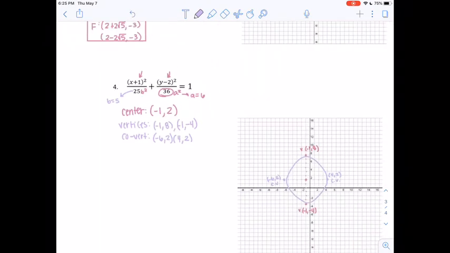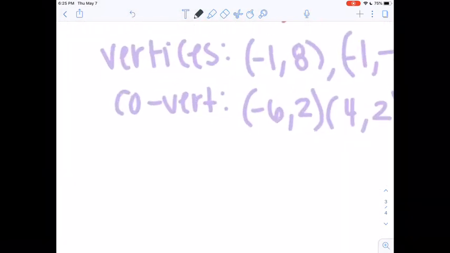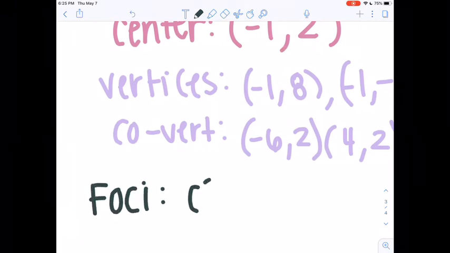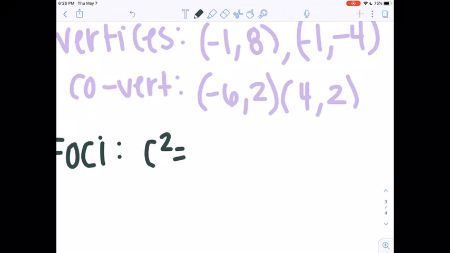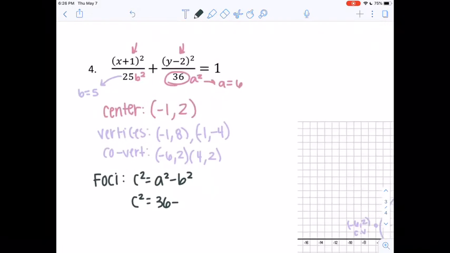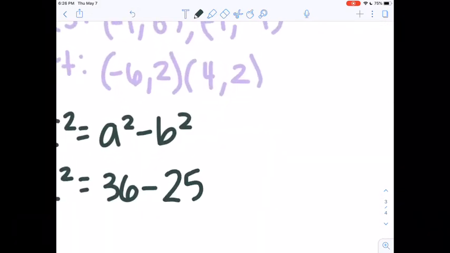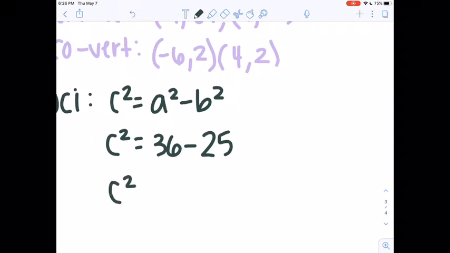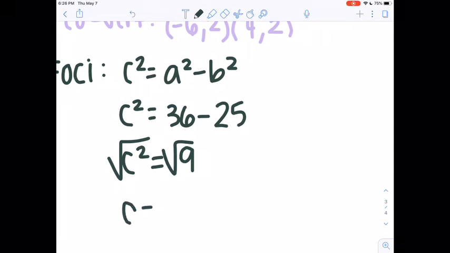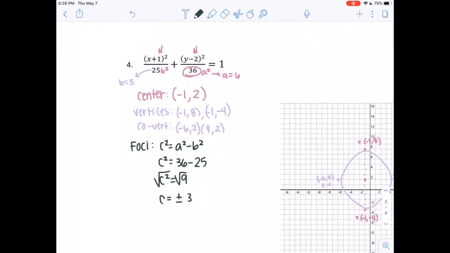And now let's find our foci. Still the same formula, even though a and b are switched. So I'm going to get 36 minus 25. So c squared is going to equal 9. So c equals plus or minus 3. So I'm going to be adding 3 from the center.